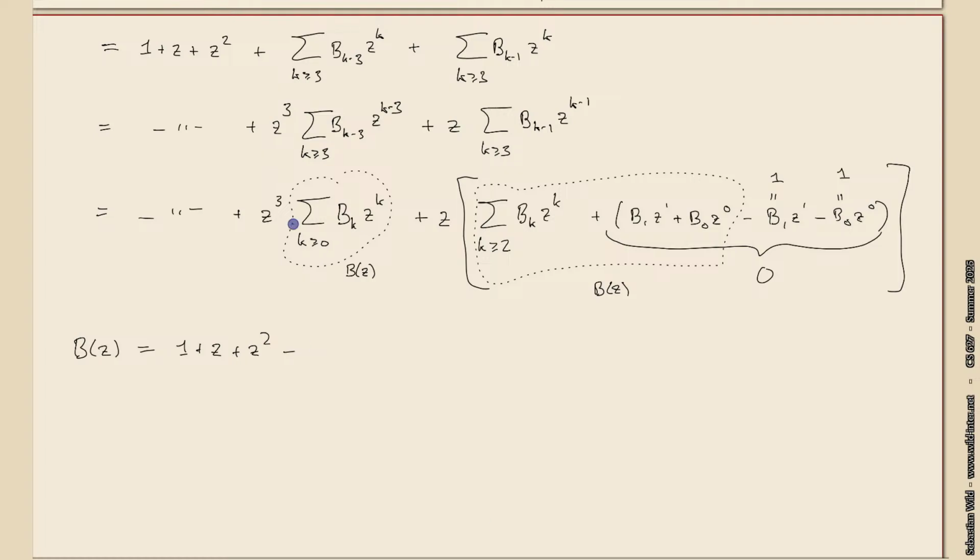Okay, but first this term, so z cubed b of z plus z times b of z. And then what's left of these? There's the minus z squared and minus z.